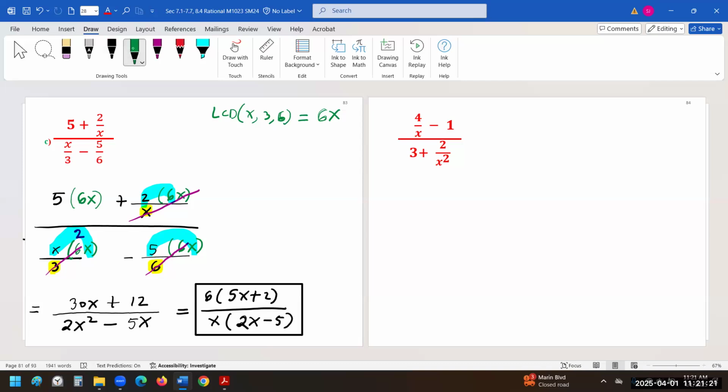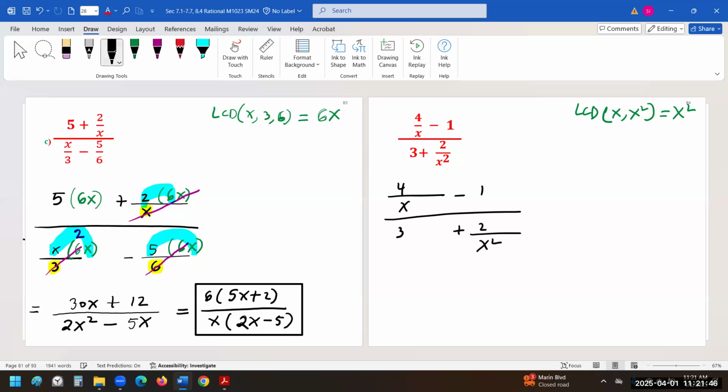So we are looking for the LCD. What are the denominators this time? x and x squared. Mustafa, what's the LCD between x and x squared? x squared. So 4 over x minus 1, 3 plus 2 over x squared.